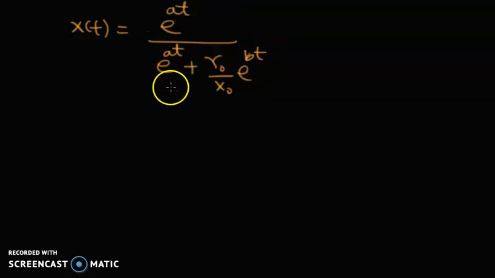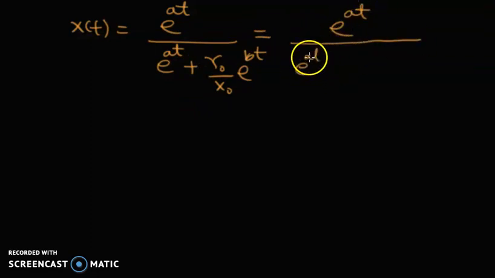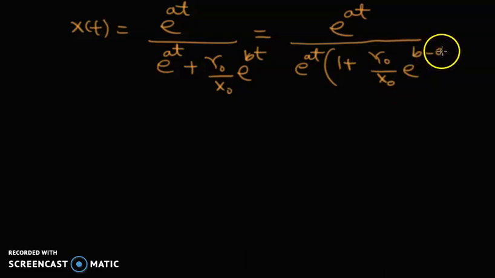But we can also take e to the at common in the denominator and we will get e to the at times 1 plus Y naught over X naught e to the (b minus a) times t.